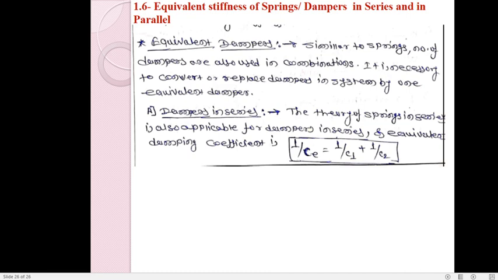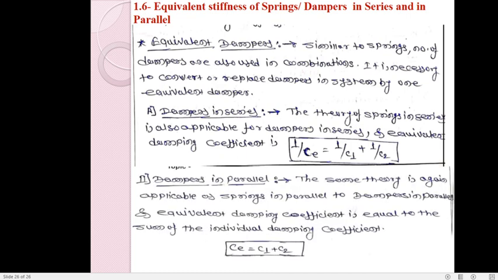When the dampers are in series, the damping coefficient can be calculated as 1 upon Ce, the reciprocal of the equivalent damping coefficient, is equal to the summation of reciprocals of the individual damping coefficients of the dampers. Similarly, when these dampers are in parallel, the equivalent damping coefficient is equal to the summation of the individual damping coefficients of the dampers. This way we can calculate the equivalent damping coefficient or equivalent stiffness of springs or dampers when they are connected in series or parallel.